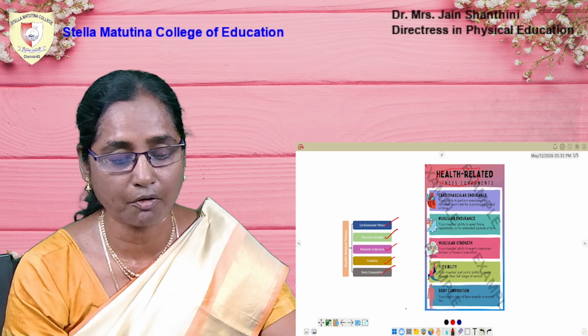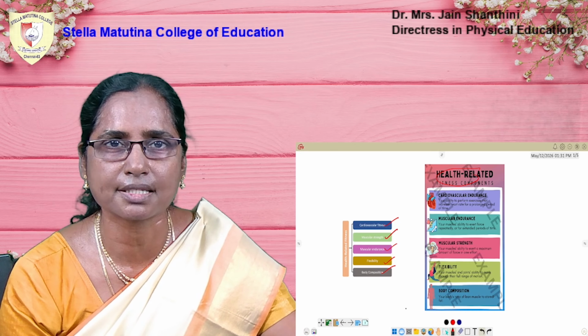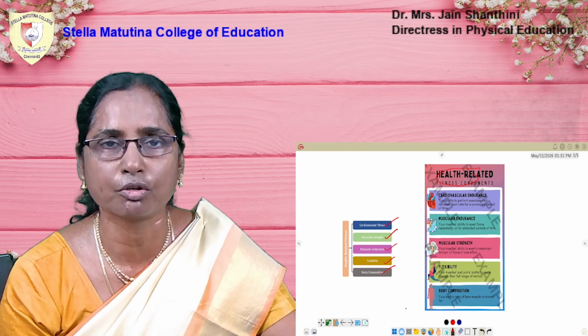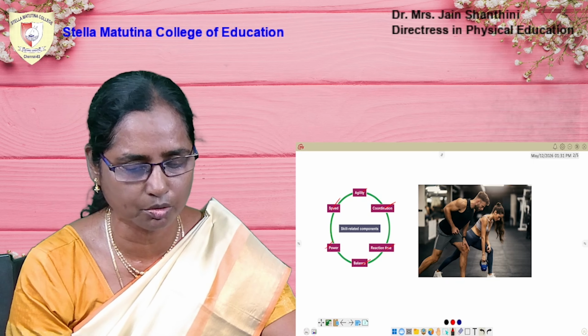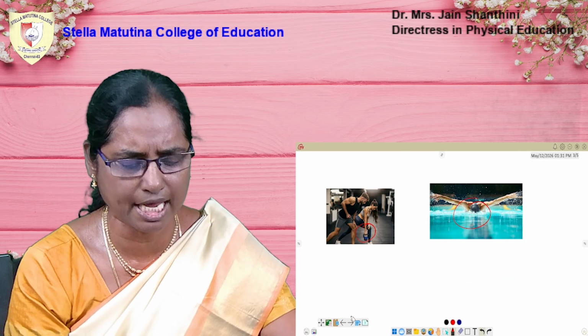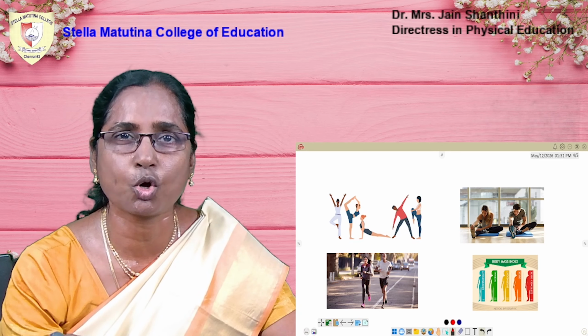The third one is flexibility. Flexibility is the range of motion of your joints. For each and every activity, we need to concentrate on our joint movements.